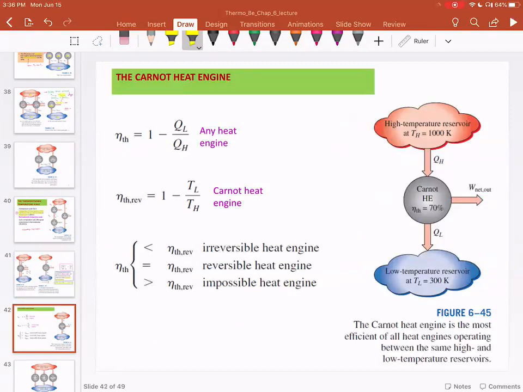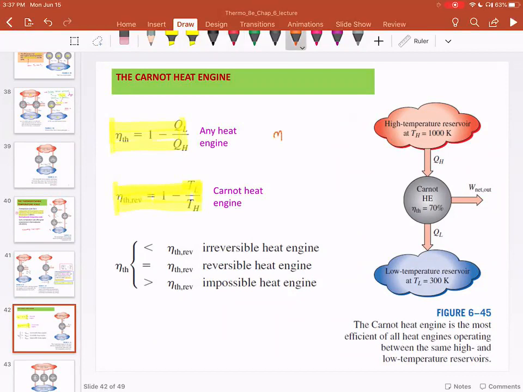And when it is completely reversible, the equation for efficiency can be written in terms of high temperature and low temperature. Please note, the efficiency of the Carnot engine is the maximum. COP of the Carnot refrigerator is the maximum.